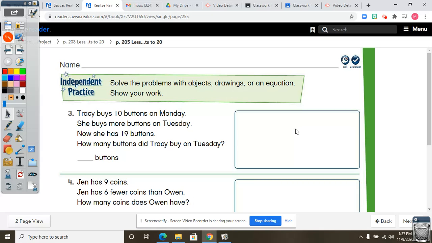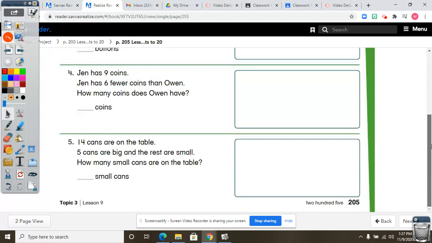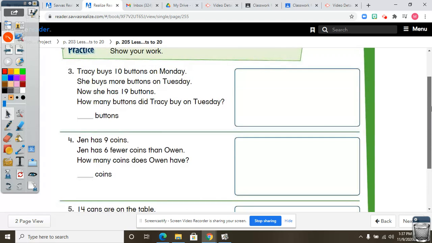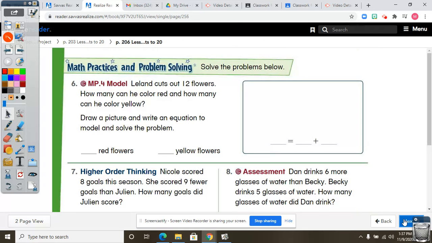You could draw, you can use objects like your counters or your cubes that you have at home, or you can make an equation. Make sure when you find the answer, you put the answer in the blank and make sure it's the correct answer. So all you have to do is just these 3 problems.